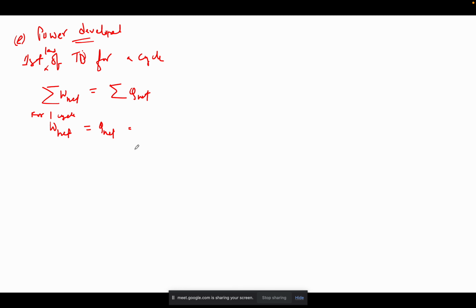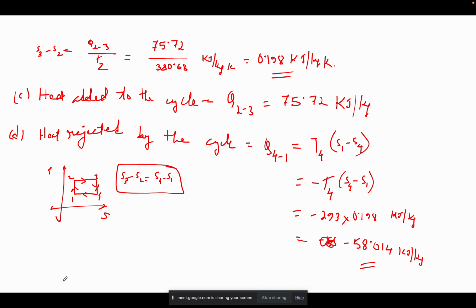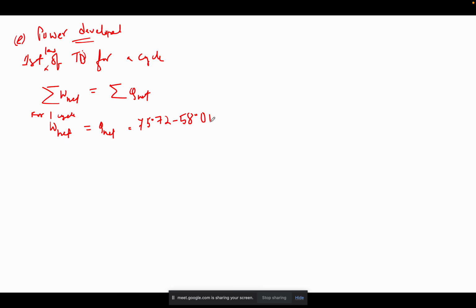So this will be basically your 75.72 minus 58.014 kilojoule per kg, which will be 17.706 kilojoule per kg. So this much is the work done in one cycle.